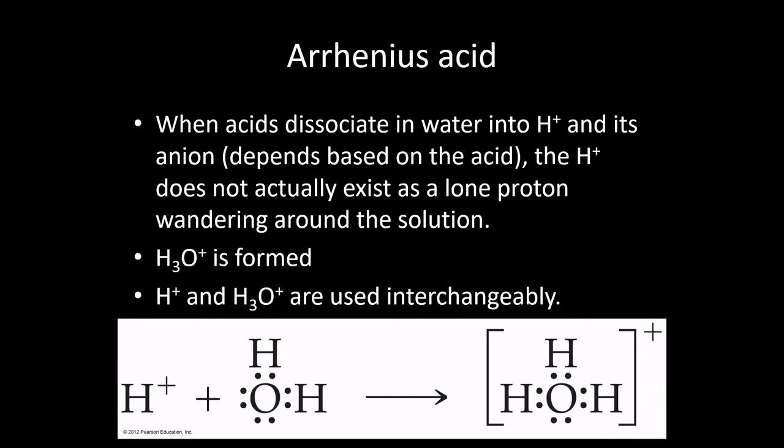So that H+ ion attaches to a water and gets carried around by it, essentially. But just for sake of simplicity, we usually just call it H+, and it's just kind of understood that when we say H+, we actually mean H3O+. So if you see it in the book, or if you're doing some research online or something, and you see people referring to H3O+, and you're really confused, like, what? H3O+? We talked about H+. They're used interchangeably.